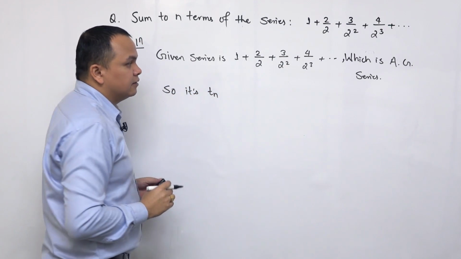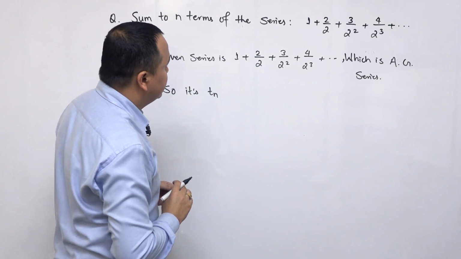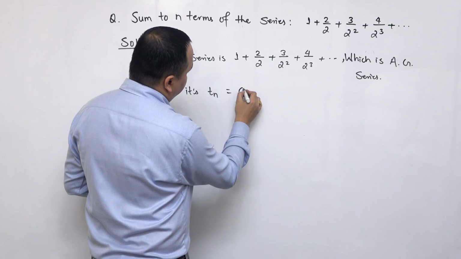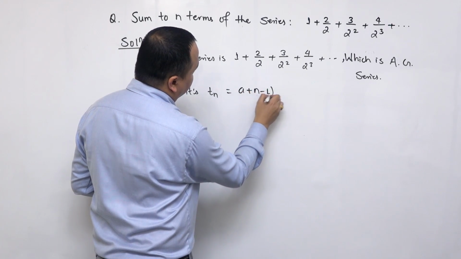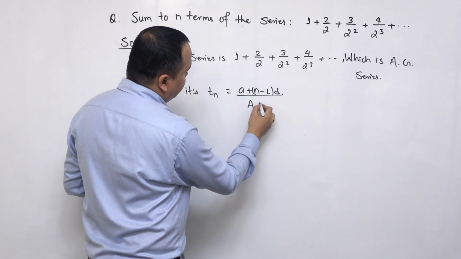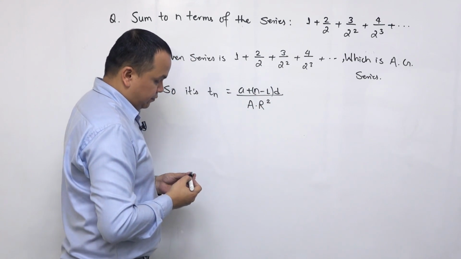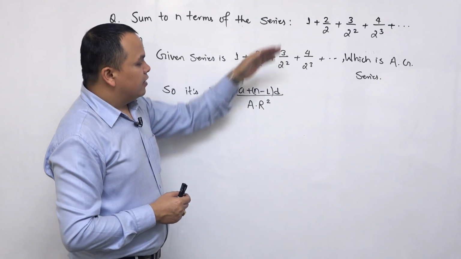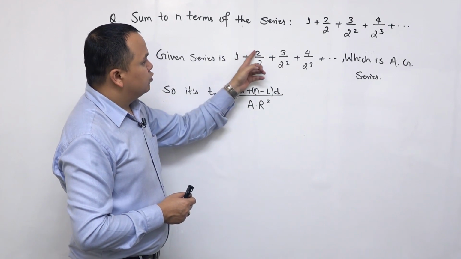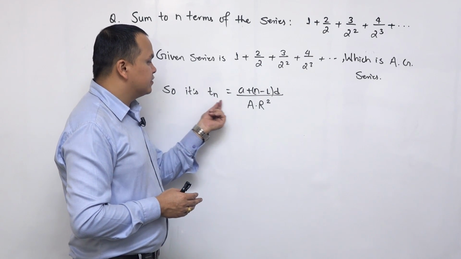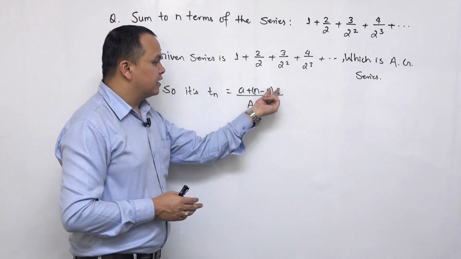The general term, nth term Tn, is a plus n minus 1 times d divided by a into r to the power n minus 1. Here in the numerator part 1, 2, 3, 4 are in AP, so we use Tn is equal to a plus n minus 1 times d.